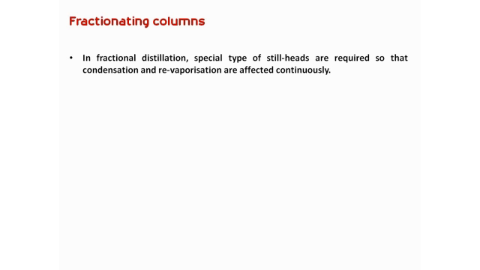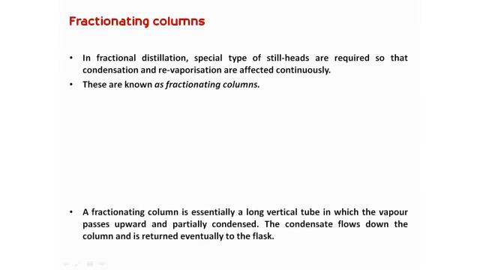This type of distillation is known as the fractional distillation. So fractionating columns are used in the fractional distillation. The fractionating column helps in the process of condensation as well as the re-evaporation, right? So these columns are also known as the fractionating column, as I have already told you.